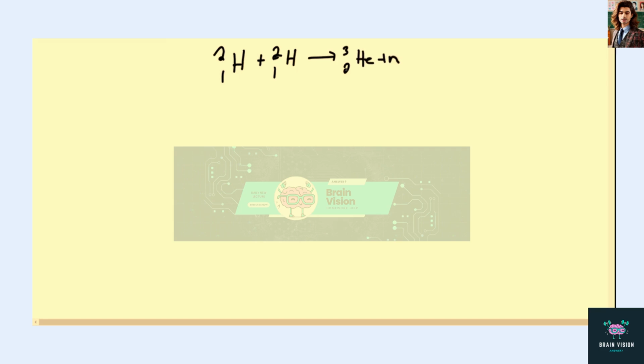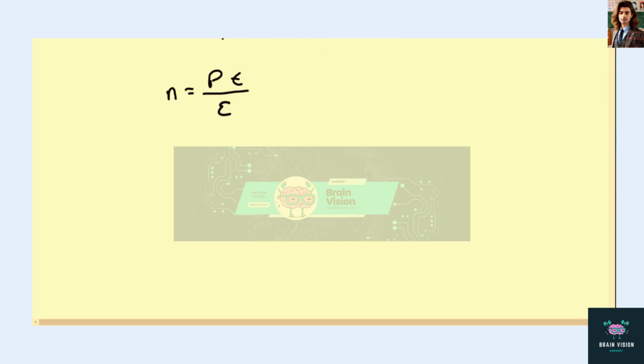Okay, and we have the number of reactions, N equals power times time over energy. We also have M_F, the minimum amount of deuterium fuel, which equals 2 times N times the mass of deuterium.